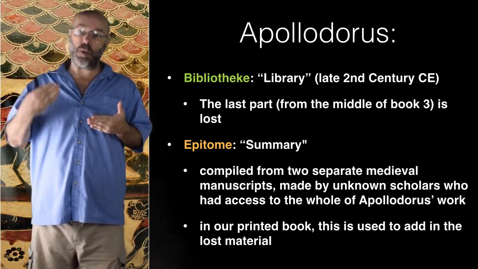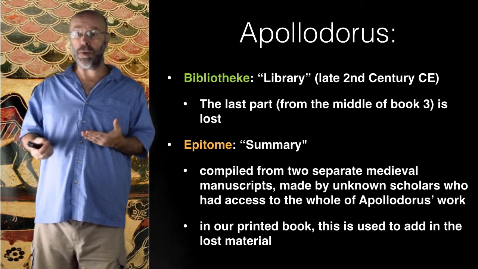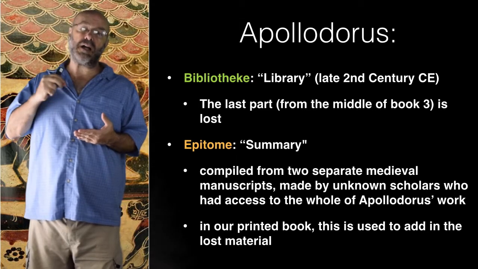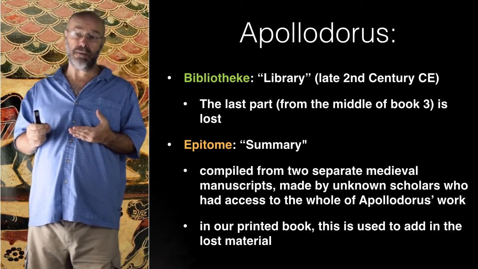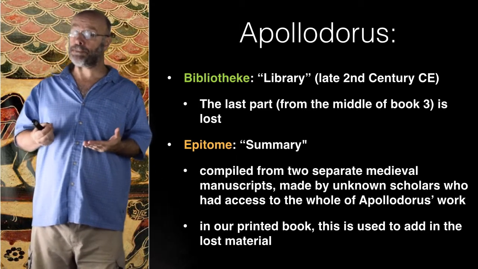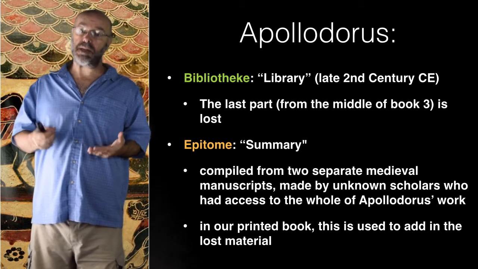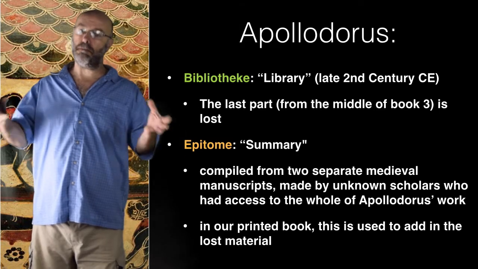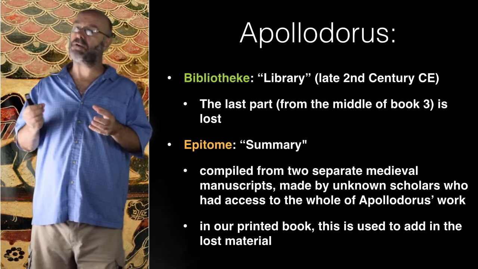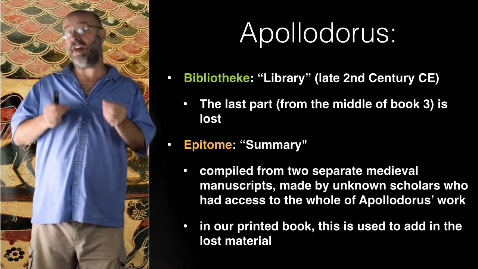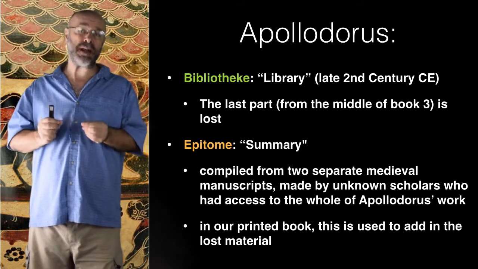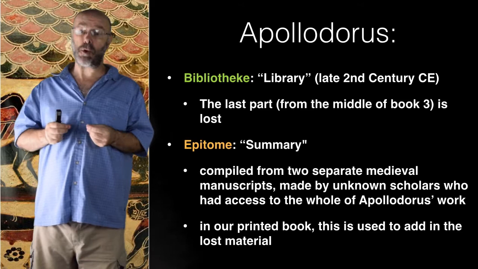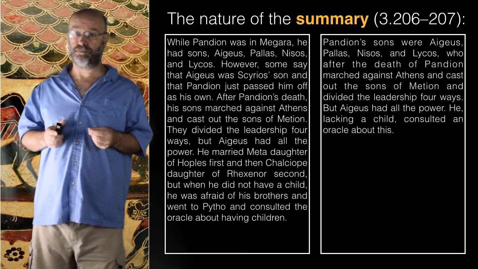And so in the printed book that we are using, from the middle of Book 3, you'll see that it switches over to calling it the epitome, which is Greek for summary. And what that means is that the narrative from that point on is sort of compiled together from those two manuscripts that do not contain the words written by Apollodorus, but nonetheless contain somebody else's summary of what he wrote.